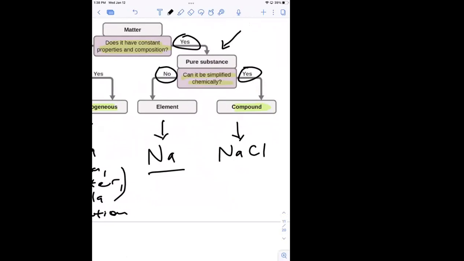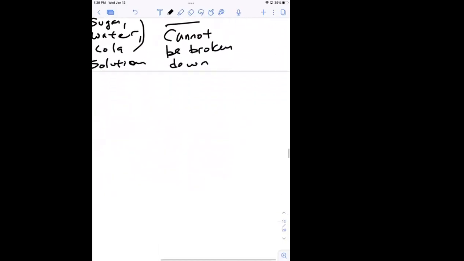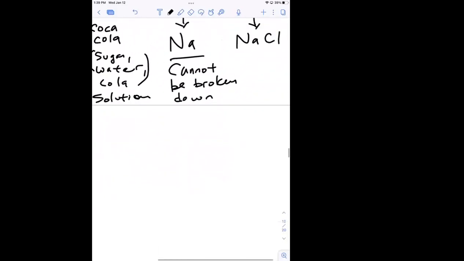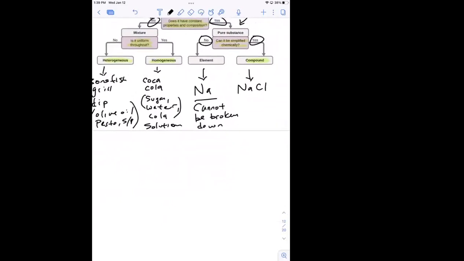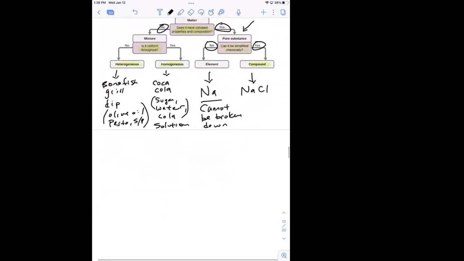So let me give you another example, because when we think about the constant composition and constant properties, I want to give you an example that will make a little bit more sense when you think about what a compound actually is, right?